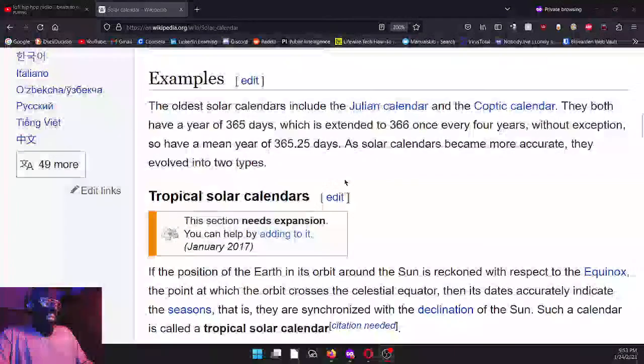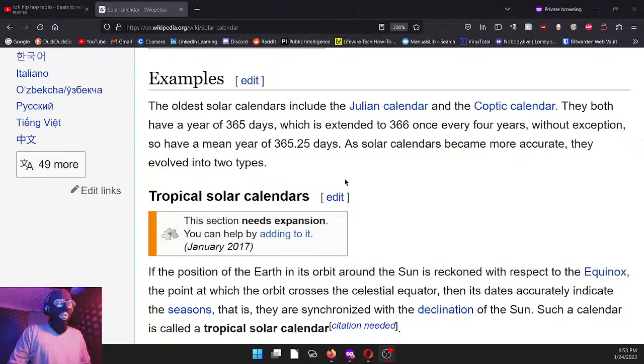There's all these things here, and here are the examples. The oldest solar calendars included the Julian calendar and the Coptic calendar. They both have a year of 365 days, which is extended to 366 once every 4 years without exception. So they have a mean year of 365.25 days. As solar calendars became more accurate, they evolved into two types.